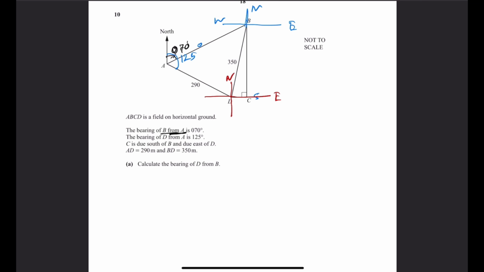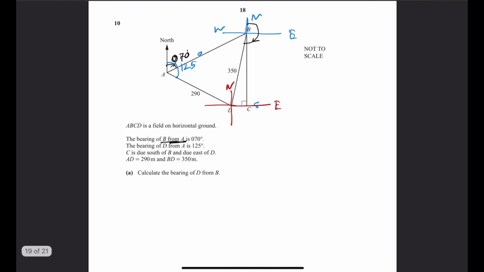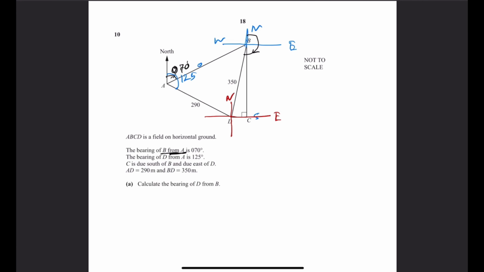Now calculate the bearing of D from B. You need to find this angle, I mean, the DB line, what angle it makes with the north line. This angle is 125 minus 70, so 55 degree.